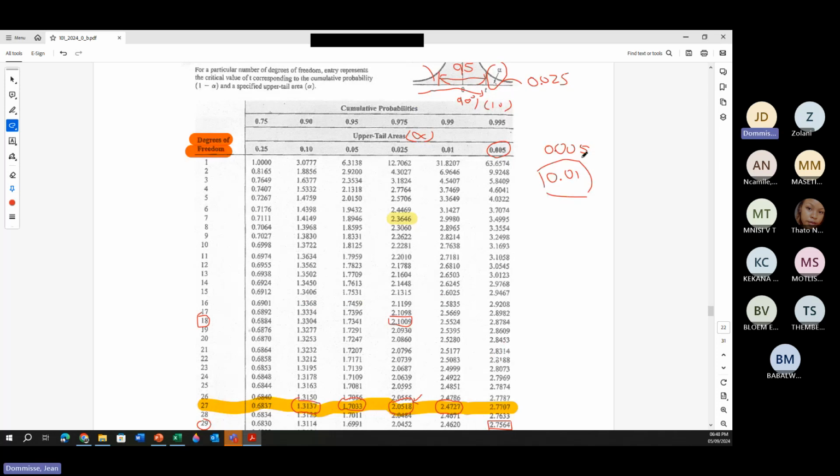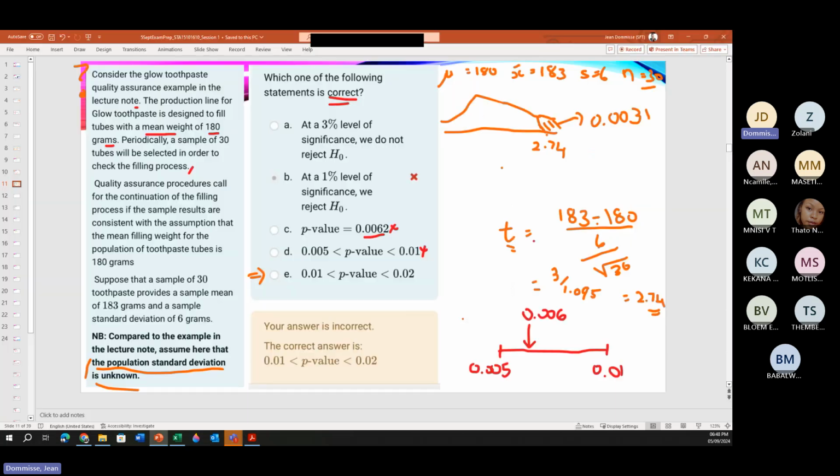So if I multiply that by 2, I would have gotten 0,01. But then again, it is close to that one and that one. Let's quickly check.